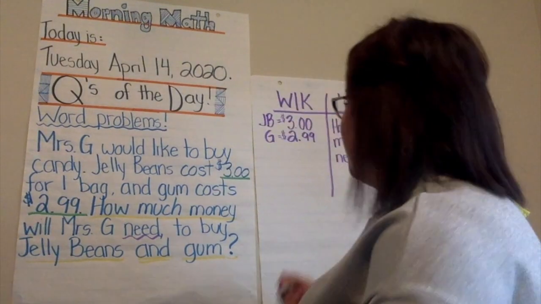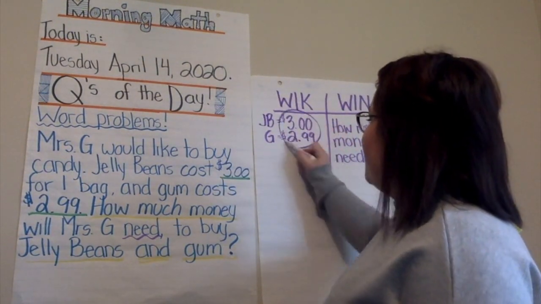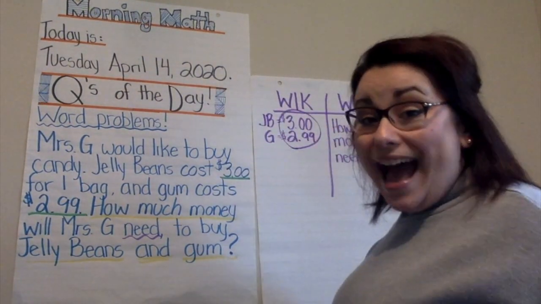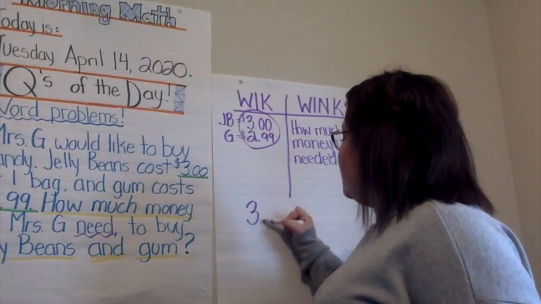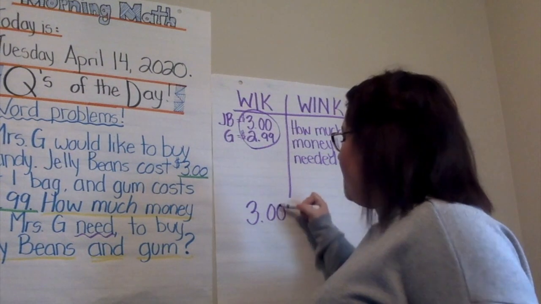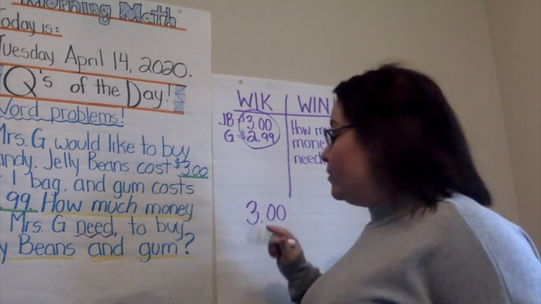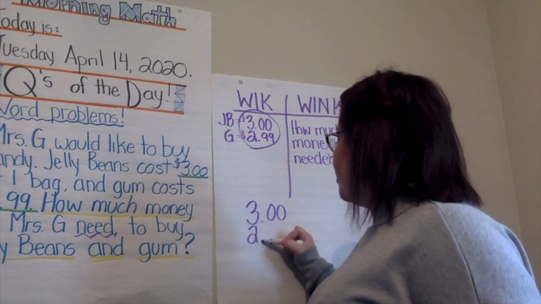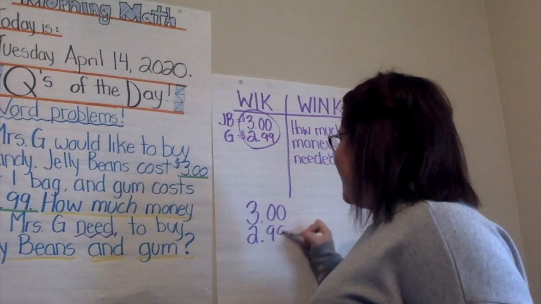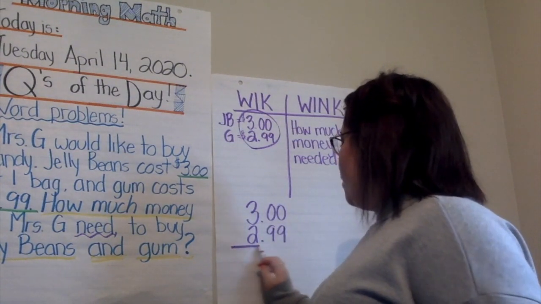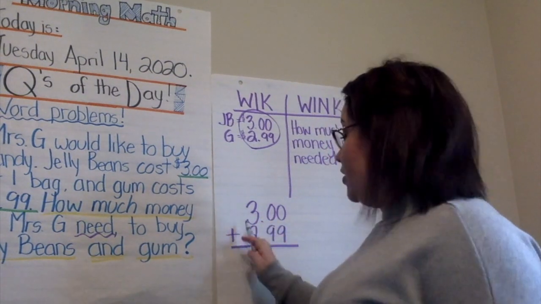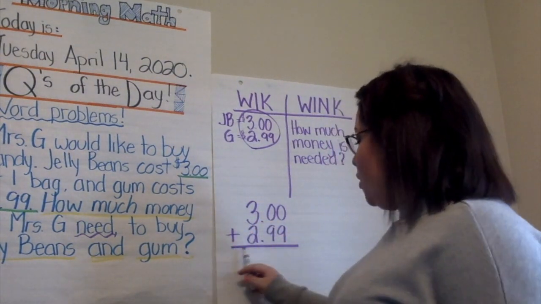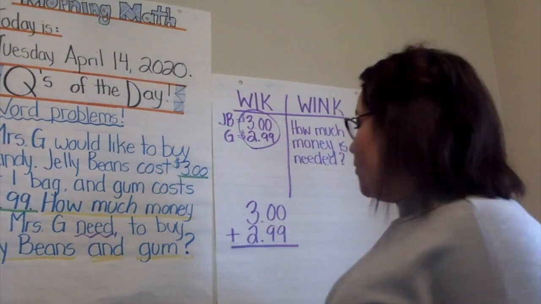So we're going to take these numbers and add them. Here we go. $3. Notice my larger amount is on top, plus $2.99. Here's my equation line, and here's my operation. That's important. We need to know what's happening, and the equation line keeps our work nice and organized.